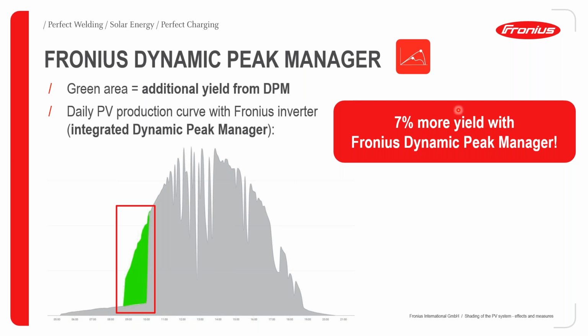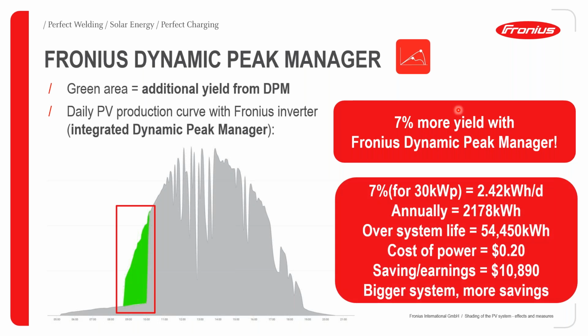So the question would be, what does this 7% really mean for you or for your customer? The answer would be to put it into perspective in terms of figures. For this, we have considered an installation that is just about 30 kilowatt peak. So a small to medium installation could be for a small factory or a commercial office block somewhere.